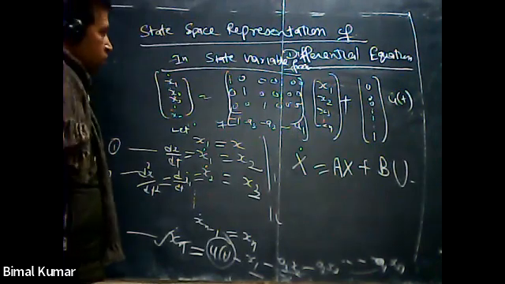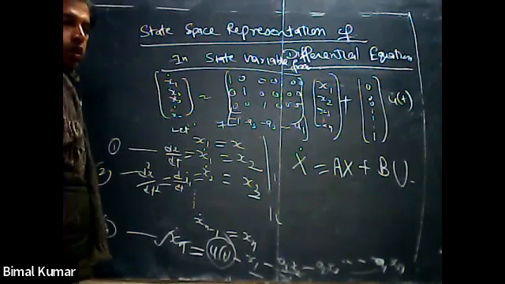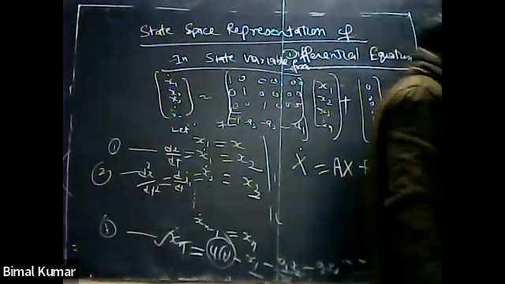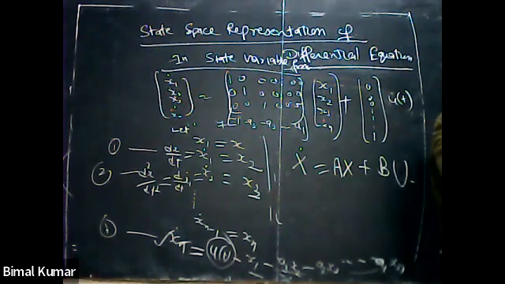x dot is equal to ax plus bu, where A is a matrix of the order n by n, B is a matrix of the order n by 1, x is the state vector of the order n by 1, and u is a control, that means it is an input and it is a scalar quantity.